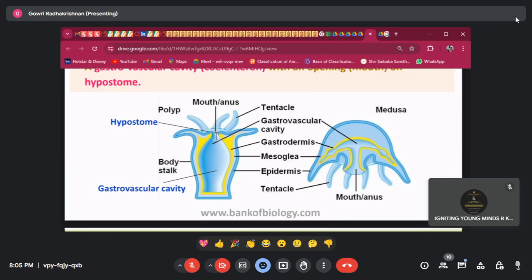They don't have two openings. Only the same one opening serves as both, and the body stalk. And this is the gastrovascular cavity here. In between, whatever is the yellow color is the mesoglea, and the epidermis is this external part.